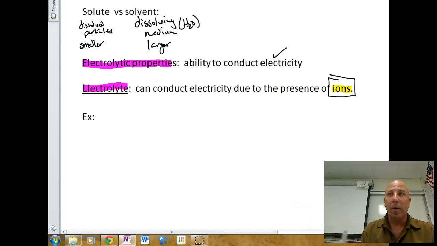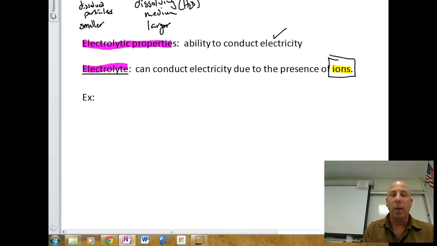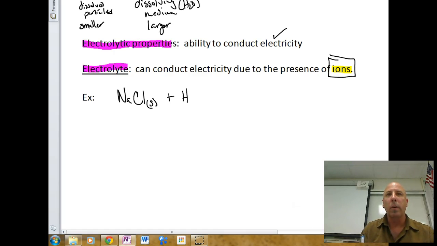Let's talk about an example of this, and the example from Gatorade is that one of the ions placed in Gatorade is nothing more than table salt. If we take solid table salt and place it in water, the table salt is going to ionize or dissociate.